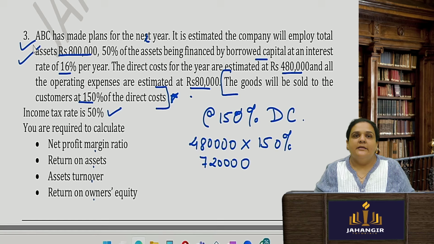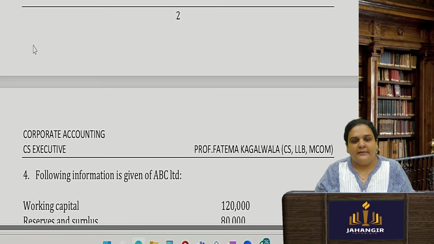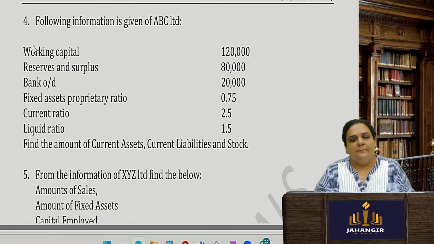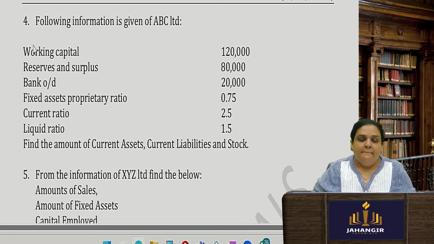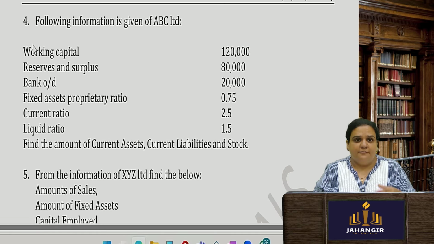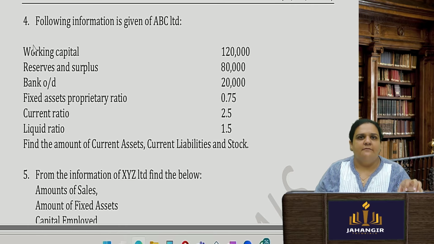Easy questions. If we practice this, we will be able to solve the past exam questions quickly. In case of ratio analysis, always keep in mind, they will give you a big question. They will write the entire history, geography of some kind of company which is not doing well and now they want to revamp the company.